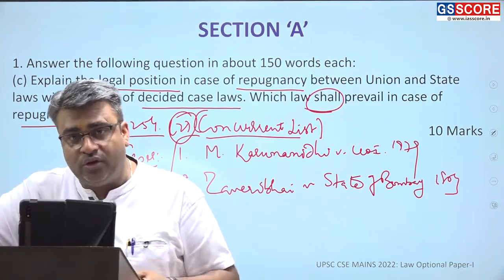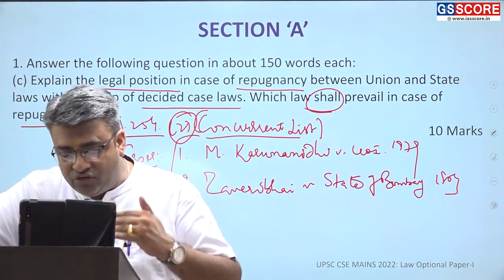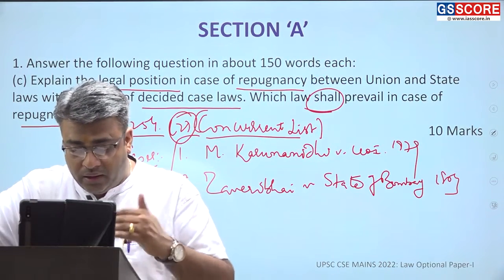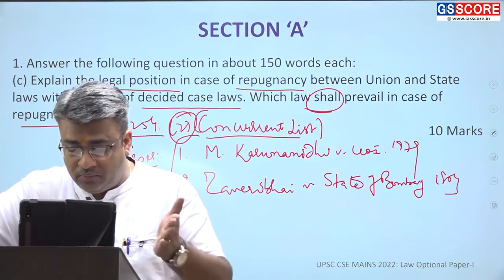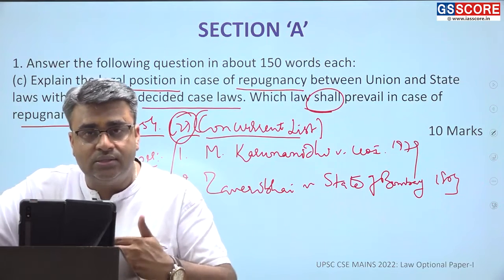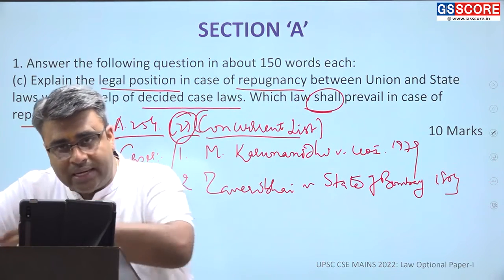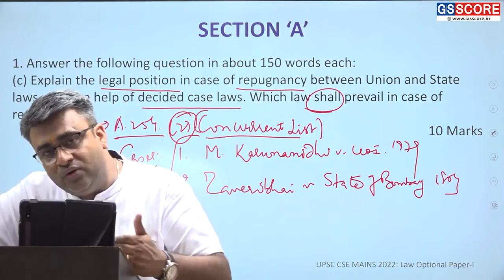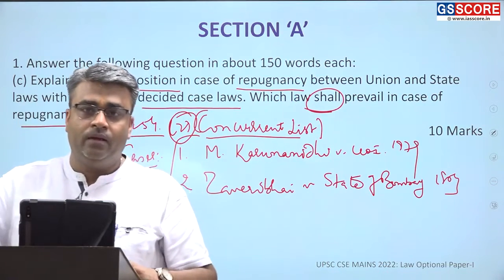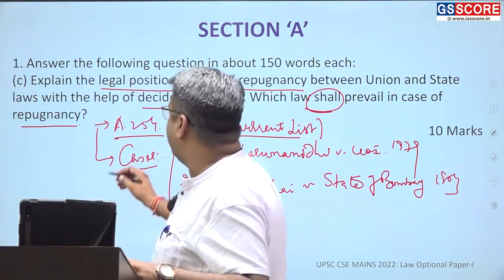In both the situations, the parliamentary legislation will predominate. In the first case, by virtue of Article 246, Clause 1. In the second scenario, by virtue of Article 254, Clause 1. So, Article 246, Clause 1 as well you can mention.